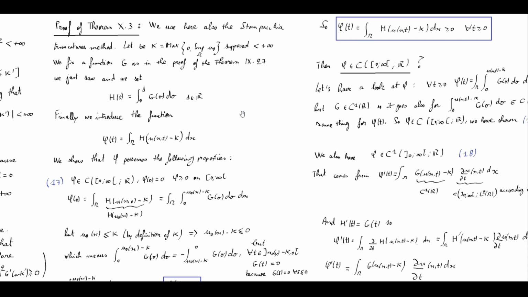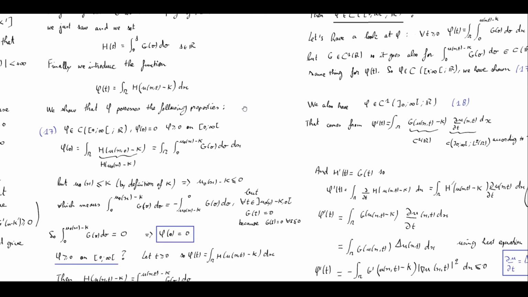17. Phi is continuous from [0, infinity) to R. Phi of 0 equals 0. Phi is positive on (0, infinity). Phi of 0 equals the integral on Omega of h of (u(x,0) minus k), which is also h of (u0(x) minus k), equals the integral on Omega of the integral from 0 to u0(x) minus k of g of sigma d sigma dx.